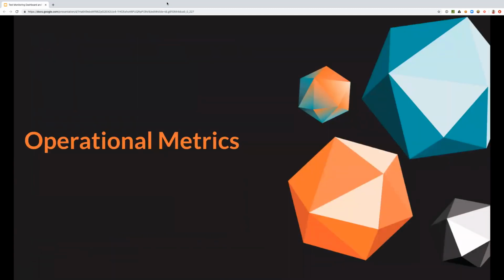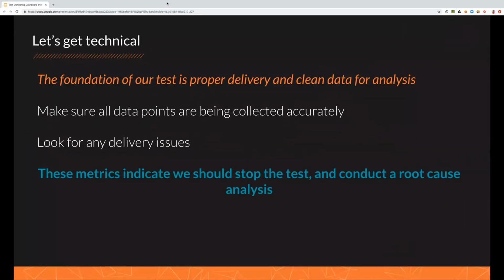And then moving on to our third monitoring component, this is around operational metrics. And so operational metrics are much more technical. They're kind of looking at, is our test being delivered properly? Is our test valid to then be analyzed? It's really around that foundation of, are we capturing all the data we need, and is the data clean and trustworthy?